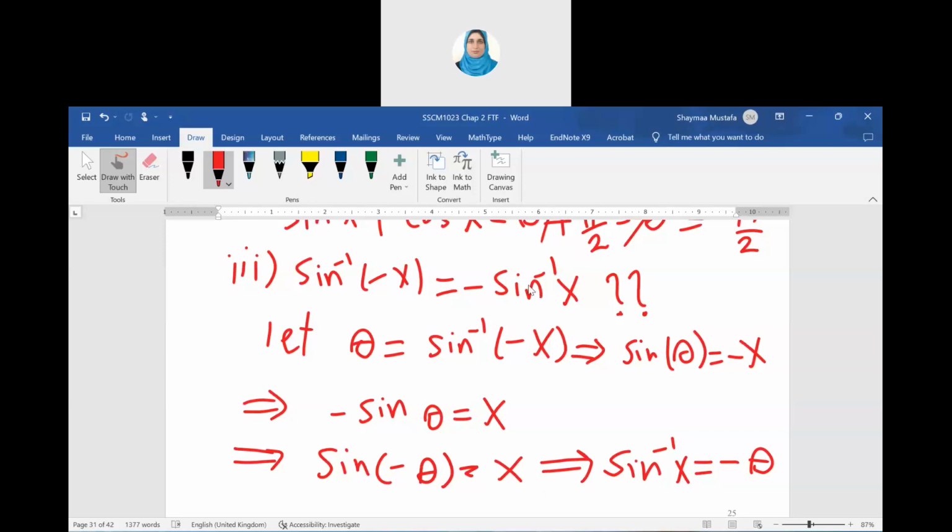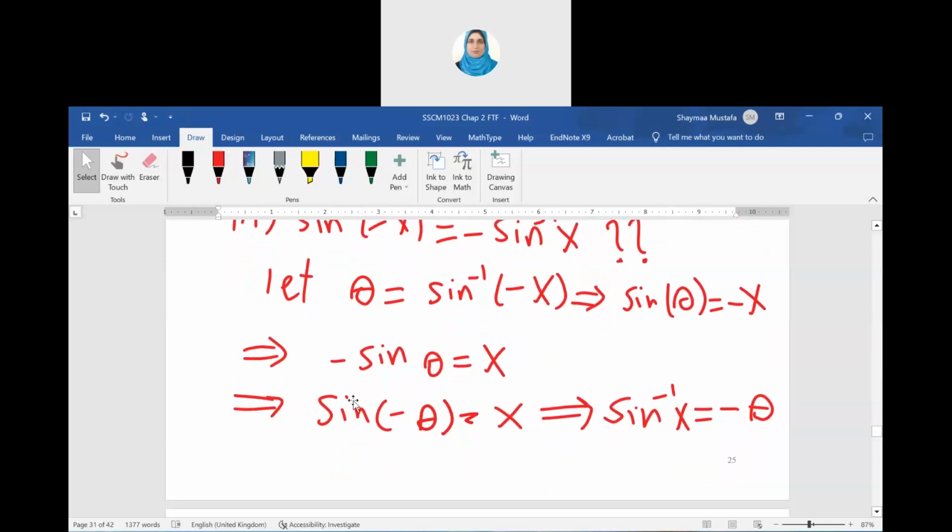So this means that sine inverse x is equal to minus theta, and theta is equal to sine inverse minus x.